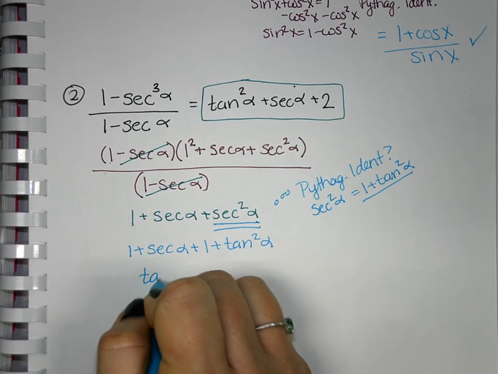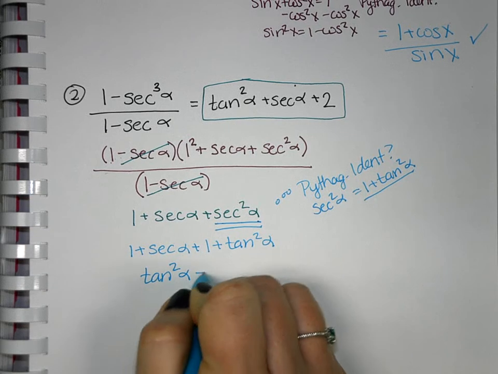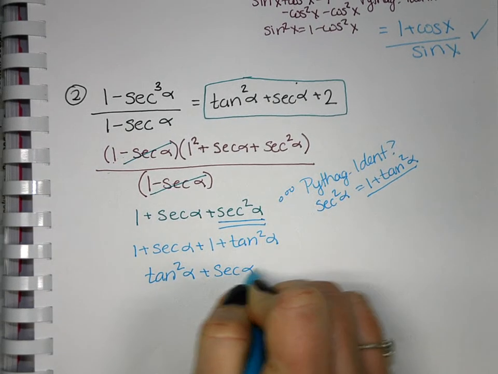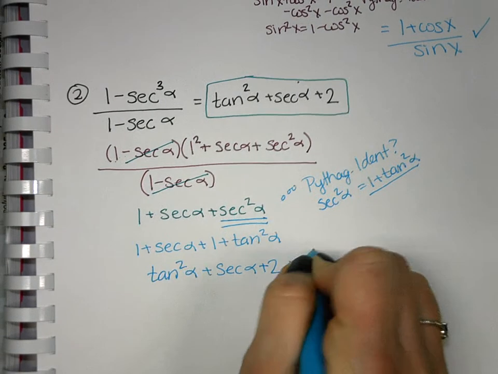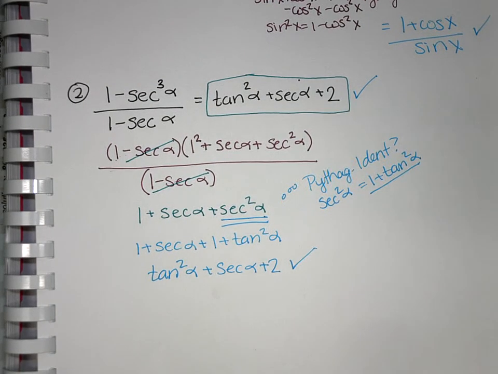So I can write this as tangent squared alpha plus secant alpha plus 2, making it look exactly like what we were trying to prove, so that we know we're done. So when we get into class tomorrow, we're just going to be doing more of these trig proofs and practicing with some of the different methods like conjugates or some different factoring to try to get used to some of those ideas.